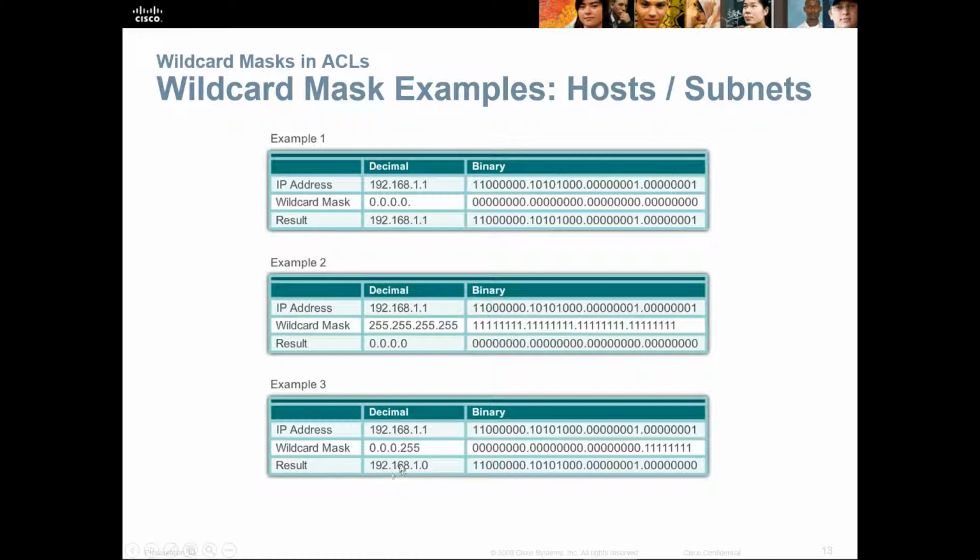So 192.168.1.0, that's our result. Essentially, if you take your subnet mask and do the inverse of it, that normally will give you the wildcard mask for the network. If you want to match 100% a host, it's just straight zeros.